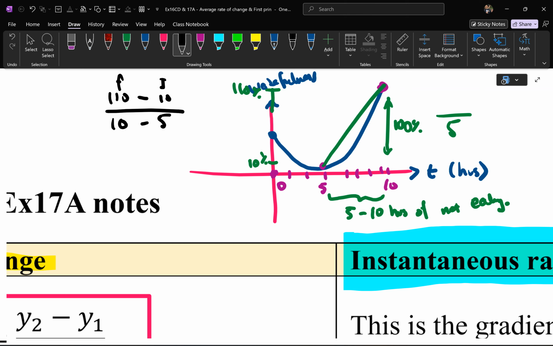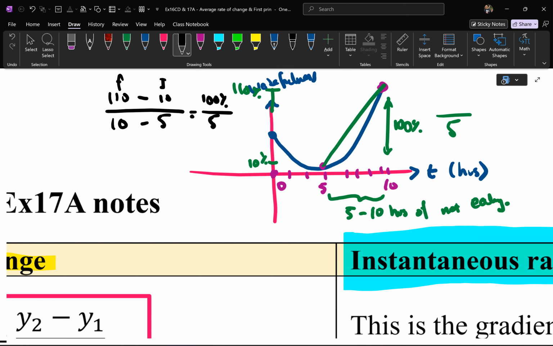This gives me, when you work it out, 100% change for every 5 hours, based on this gradient. What that line is telling you, if I was working between 5 and 10, the rate of change is that every 5 hours, you have an increase of 100% wakefulness.